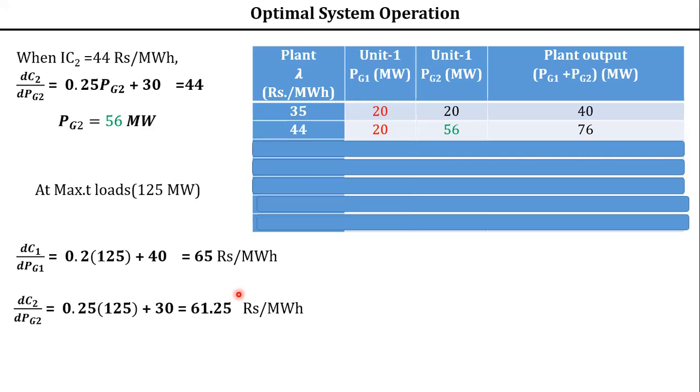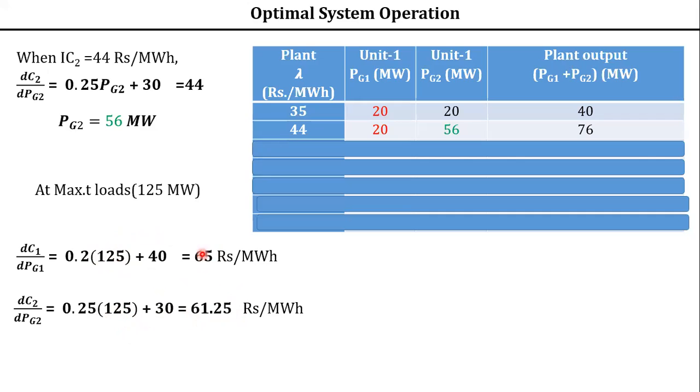Understood? Now you see this one. At 61.25, unit 2 is reaching maximum load, it is taking the maximum load 125. But the same maximum load is taken by unit 1 at 65 rupees.